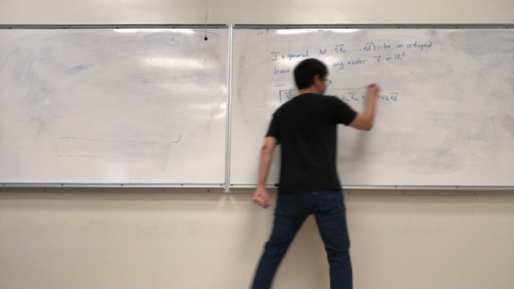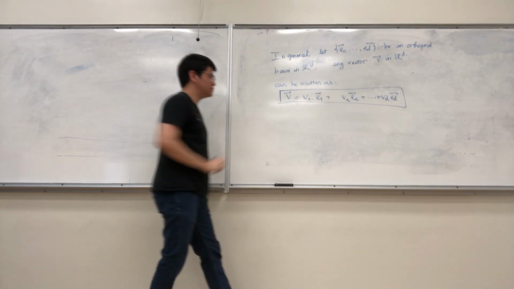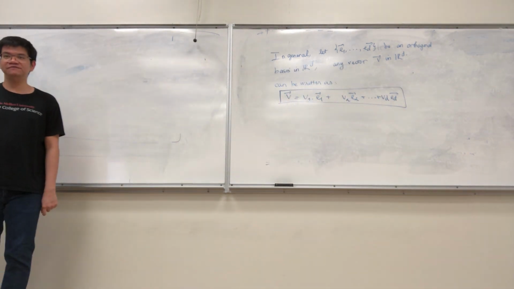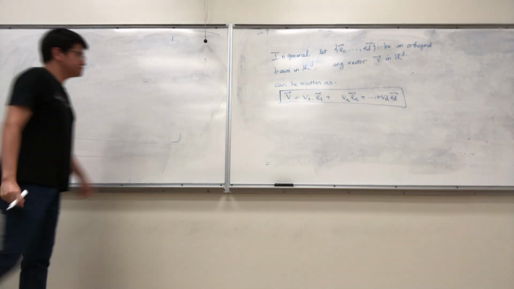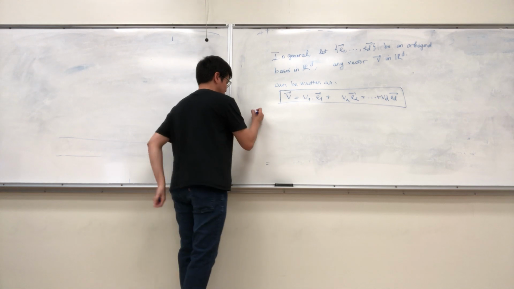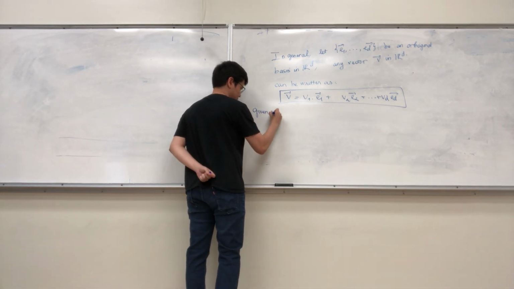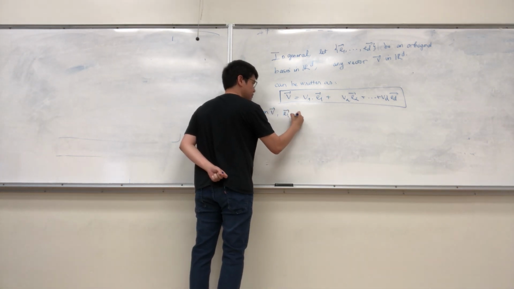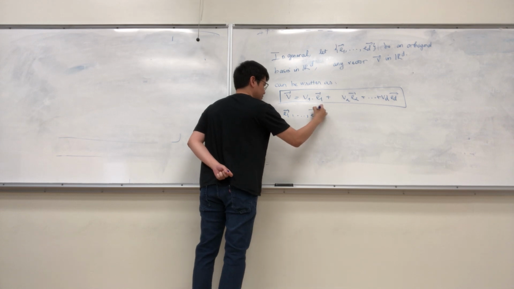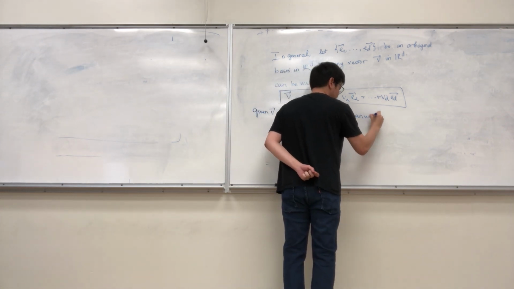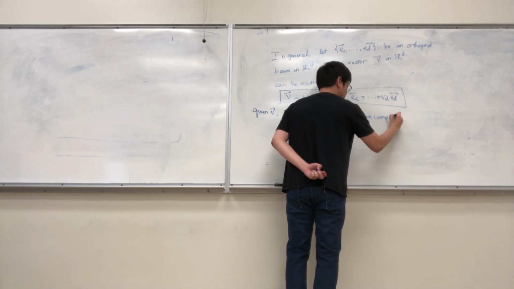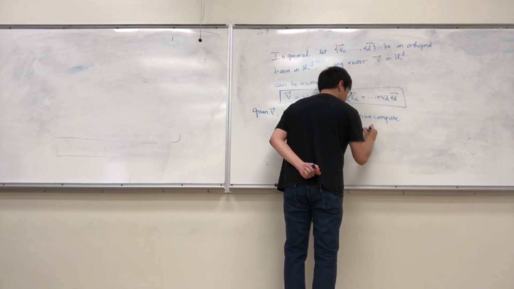We have V is V1 times E1 plus V2 times E2 plus VD times ED, right? So given V, E1, ED, how can we compute V1, VD?